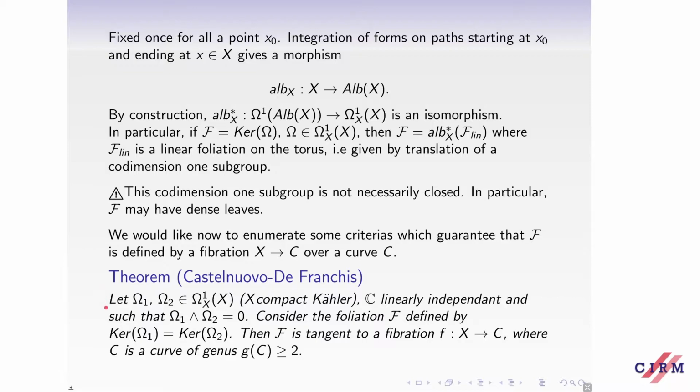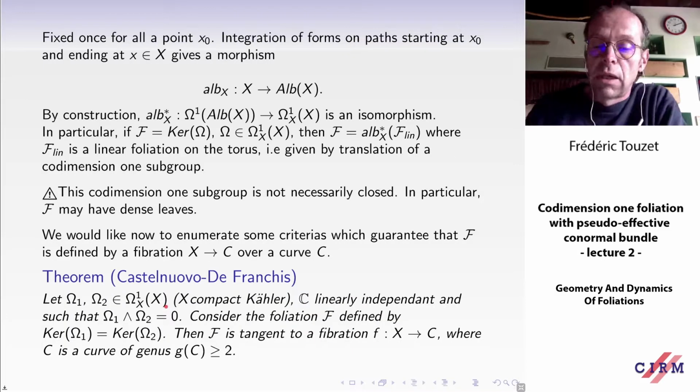So consider two holomorphic one-forms, omega 1 and omega 2, on X compact Kähler, linearly independent over C, but meromorphically dependent. This means that the wedge product of omega 1 and omega 2 vanishes.